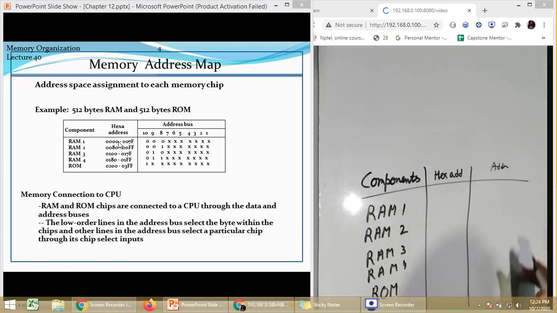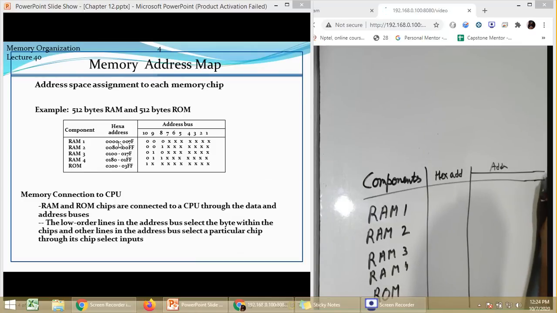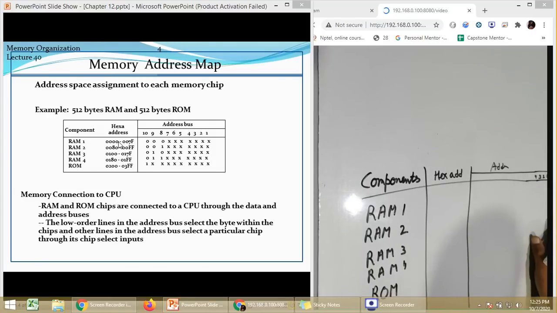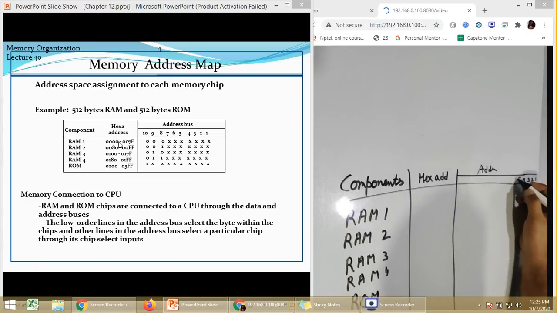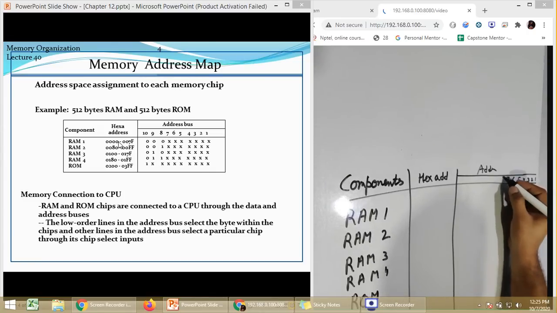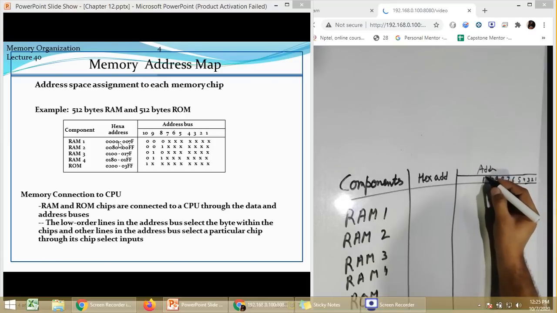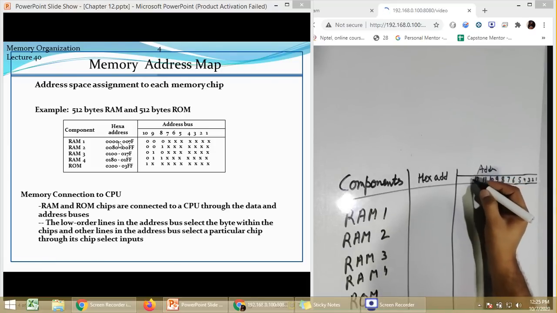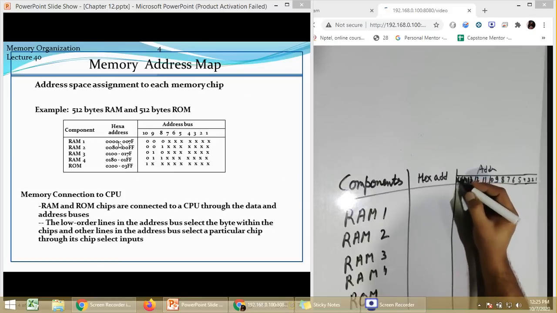Now if our bits are starting from 1, like we discussed about 16 bits, I will draw all the 16 here: 1, 2, 3, 4, 5, 6, 7, 8, 9, 10, 11, 12, 13, 14, 15, and 16.